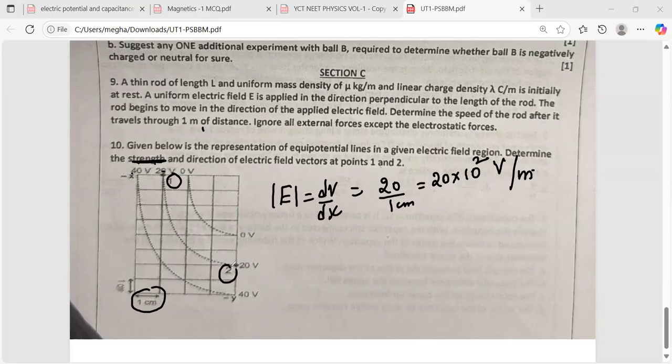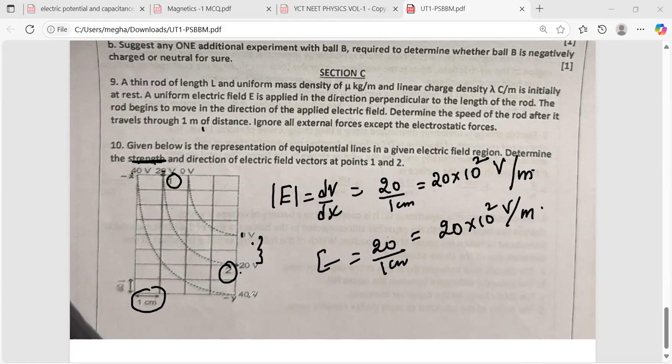And what about the second point? What is the distance here? 0 to 20 voltage, that is 1 centimeter. So second also 20 divided by 1 centimeter. So that is equal to 20 into 10 power 2 volt per meter. This is 1 centimeter only, no? So that is why.